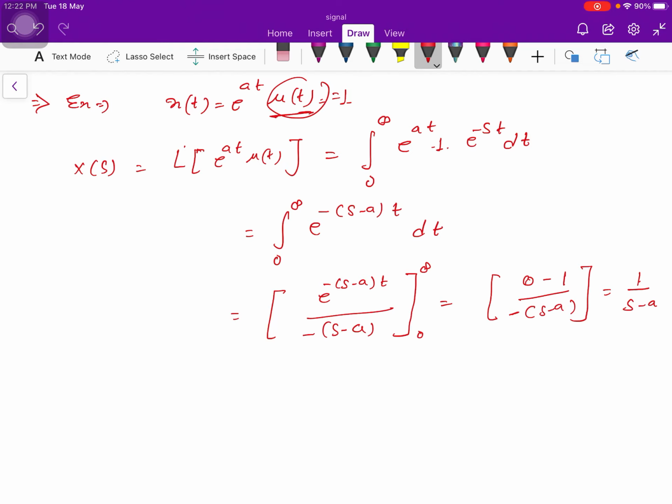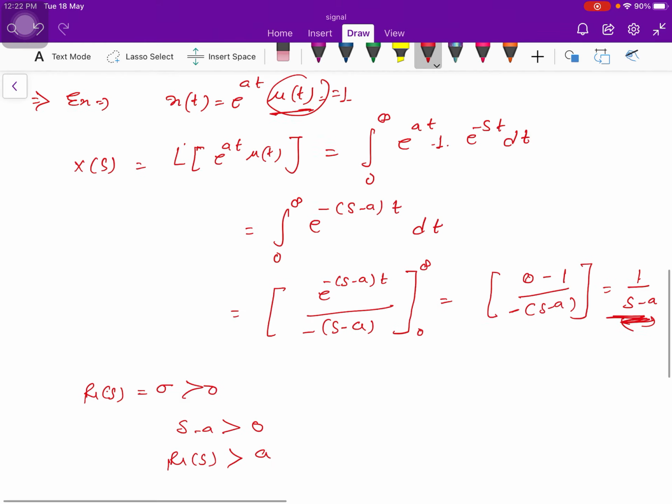Now, if you want to calculate the ROC for this, the real part of s, or you can write sigma, should be greater than a. From here this portion of s minus a should be greater than 0, or you can write it down, the real part of s should be greater than a.